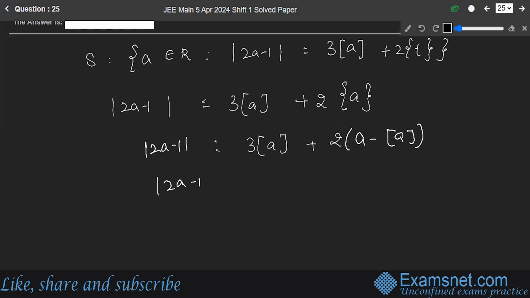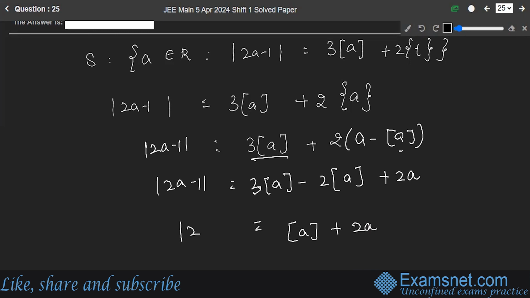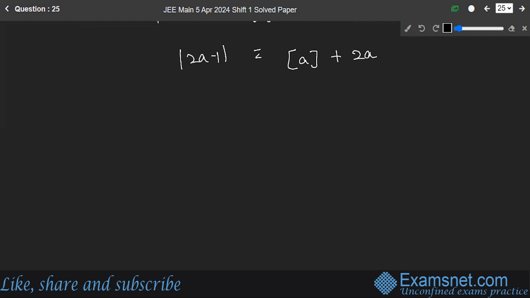So 2A minus 1 is equal to this, which will be subtracted with 2 square brackets A. Let's write it down. Minus this plus 2A. So this is this. All right. So now there are two cases.